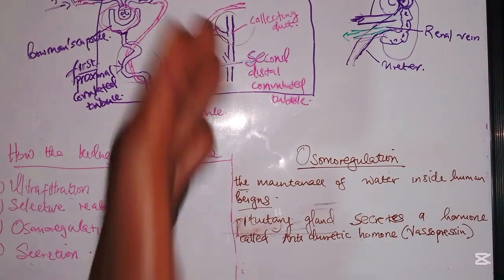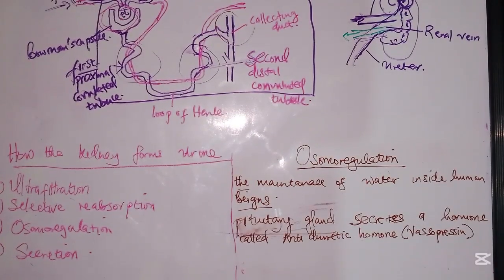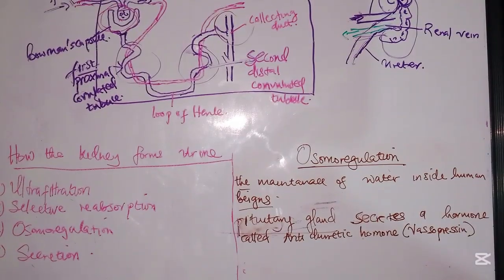So that's where now urine will be either reabsorbed or excreted. So we say that once urine reaches what? The collecting duct, the brain now will decide based on the amount of water in our body.